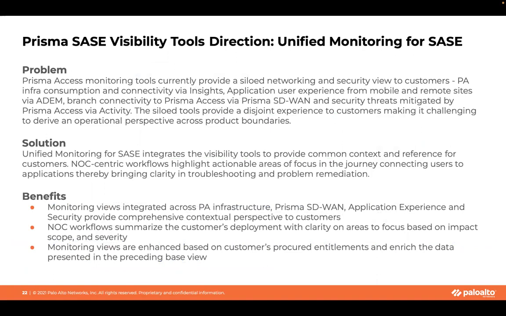PA infrastructure, as you know, is seen through Prisma Access Insights. Prisma SD-WAN has the view for all the branch connectivity. Application experience is brought in through the license for ADEM. And of course, security views are provided today in the activity tab of the integrated Prisma Access tab.